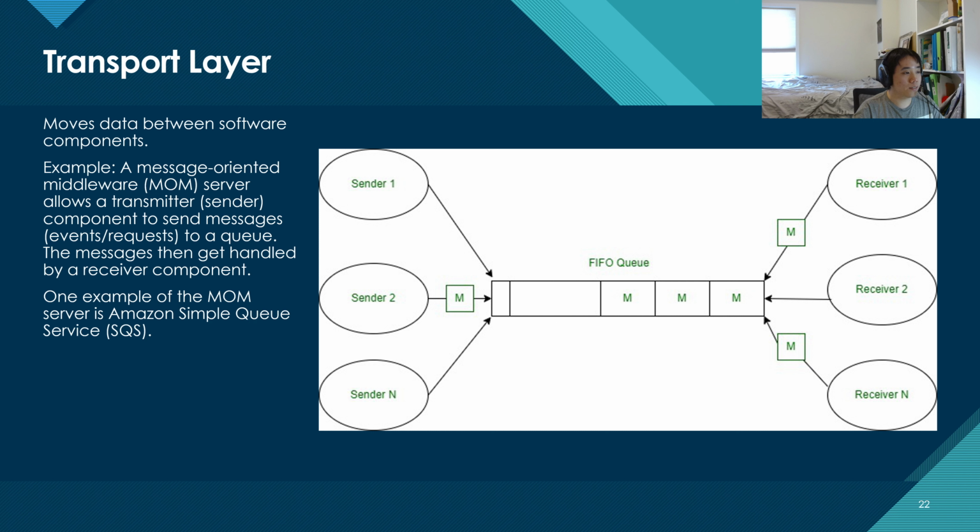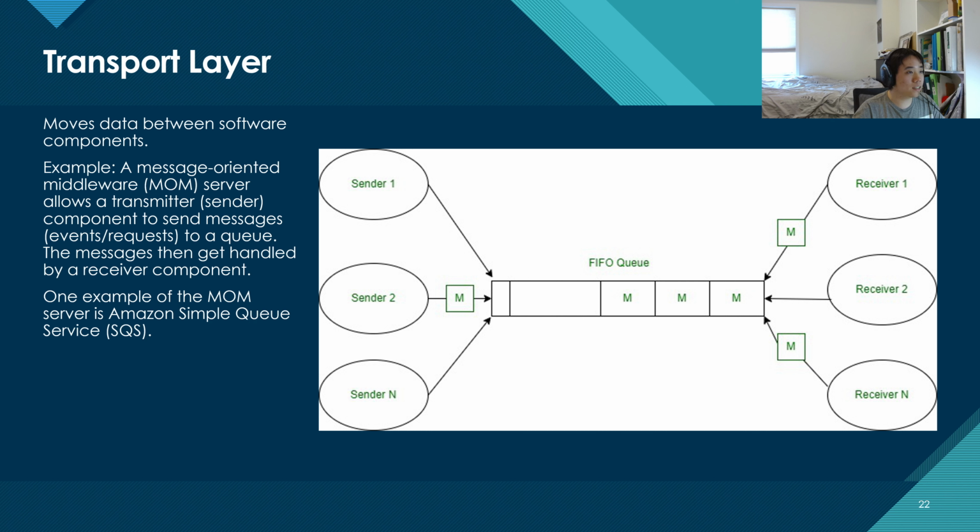So let me just put this out. I'm going to show you all the AWS SQS. OBS will not be able to see this, but it's pretty quick. You can access Amazon SQS, and it acts as a really nice MOM server.